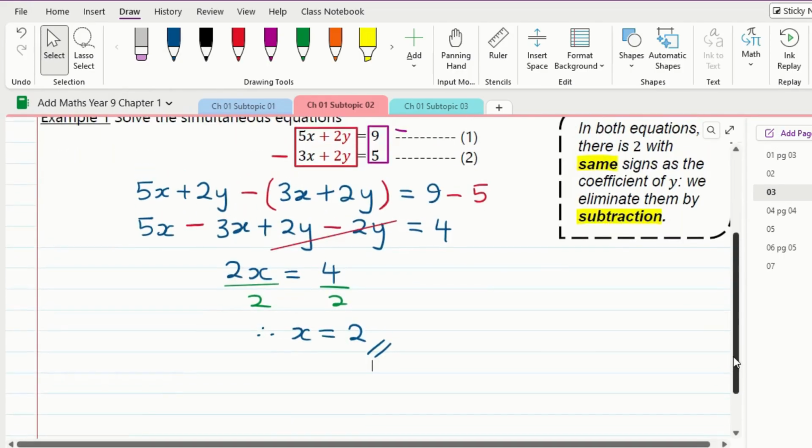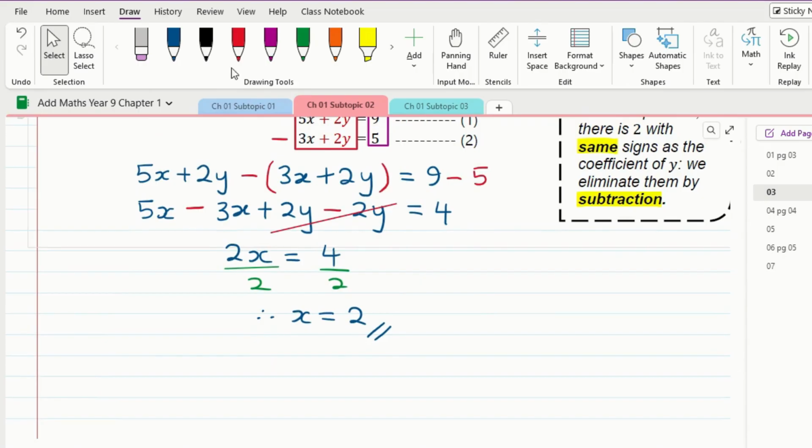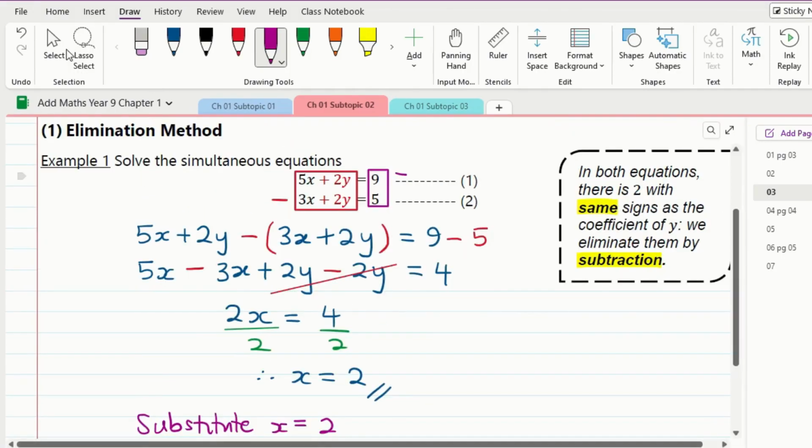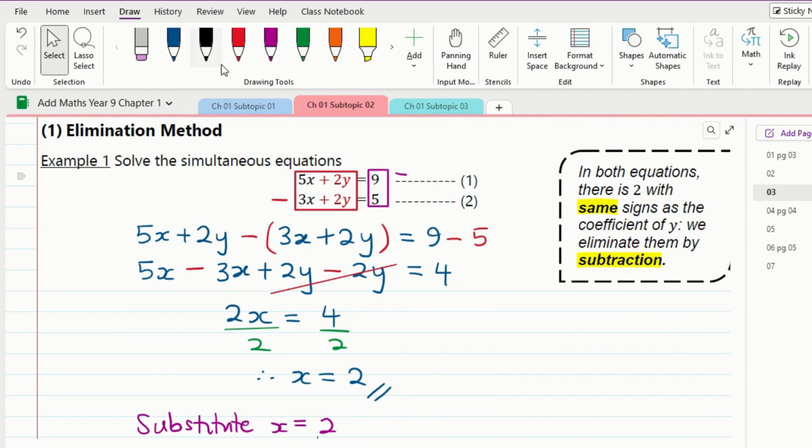So here, what you are going to do is substitute x equals 2 into one of the equations above, so that you can find the value of y.